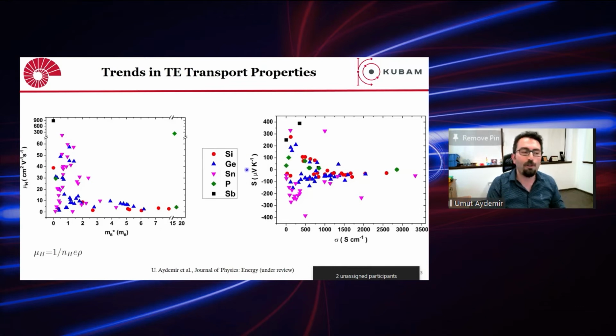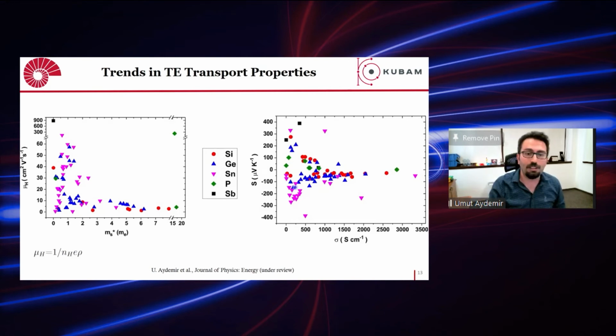So the sign of the Seebeck coefficient is telling you if it is p-type, if it is positive, it is p-type, and if it is negative, it is n-type material. Why is this important? Because you are making these thermoelectric modules and you need p-type and n-type material. So if you construct the module with the same type of material, then you will have less problem with thermal expansion, as was discussed in the first talk.